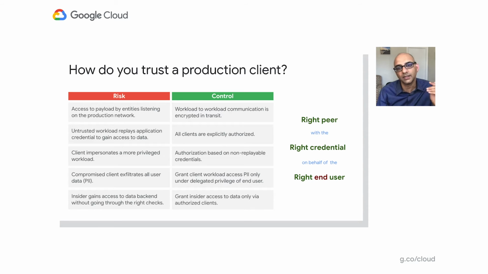The next is we want to ensure that in the case there is a client that can access PII on behalf of an end user, it can only do so when it is acting on behalf of that end user, and not, if it's compromised, gain access to PII without a valid end user that actually has authority on that data.